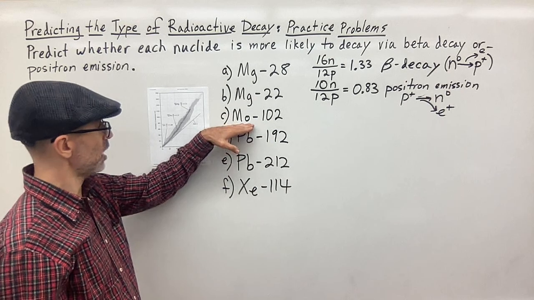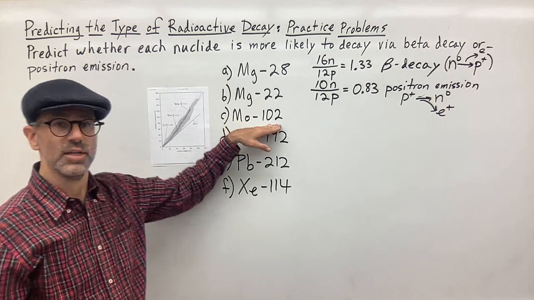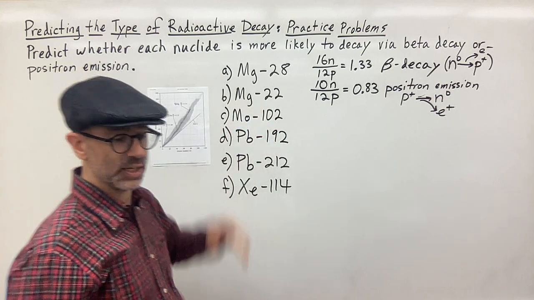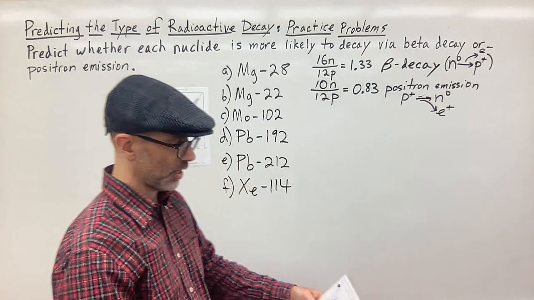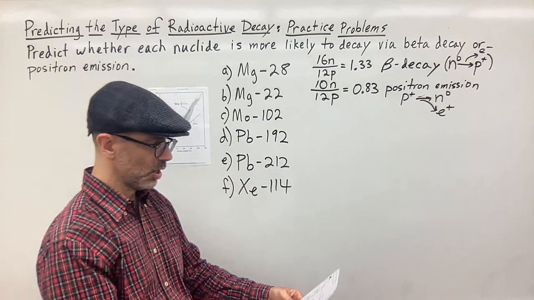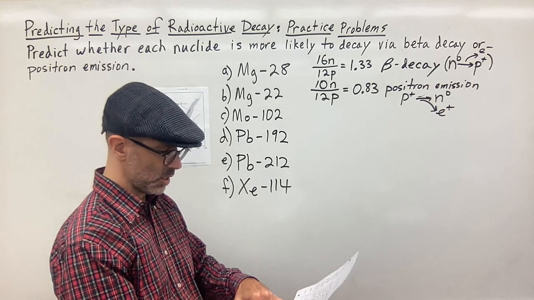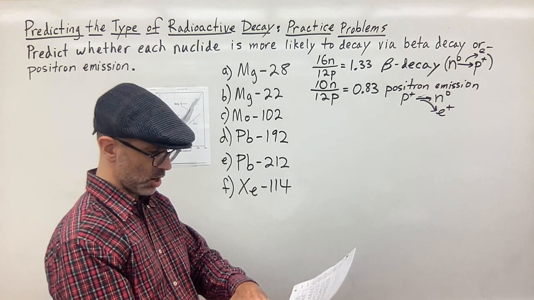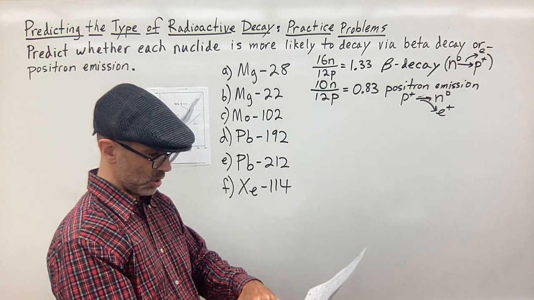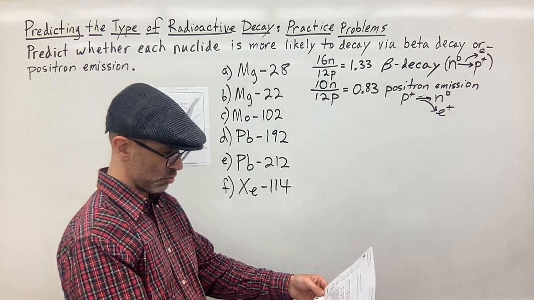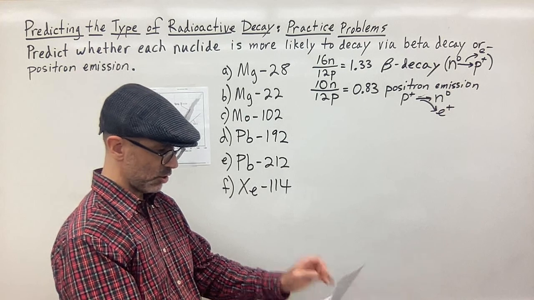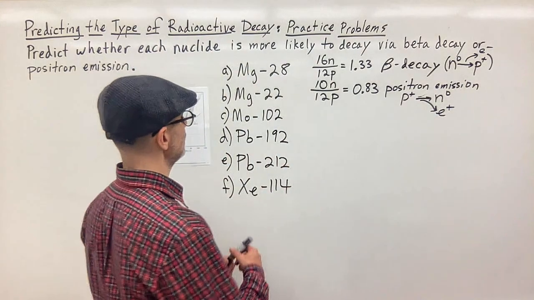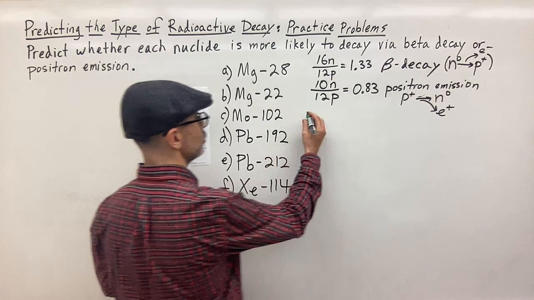Okay, so what about molybdenum 102? Same thing here. So we have 102. We need to look up the atomic number of molybdenum, and that is, where are you, MO? There you are, 42. So number 42 is the atomic number, so that's 42 protons.